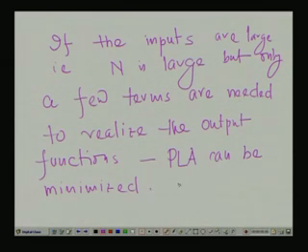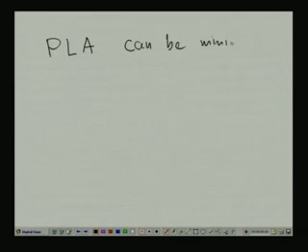Now, another case is for PLA minimization. Number one, first we see the AND plane.